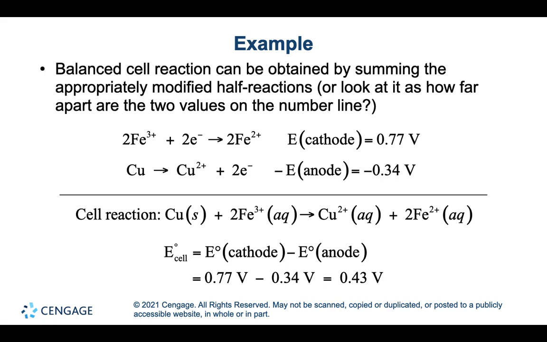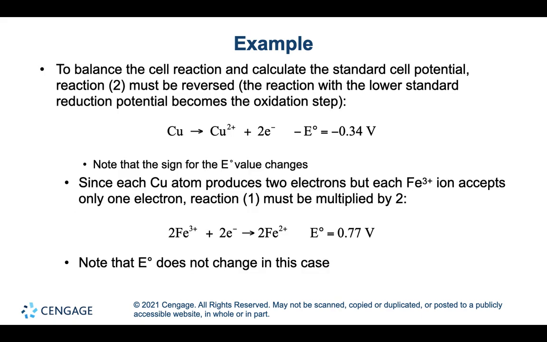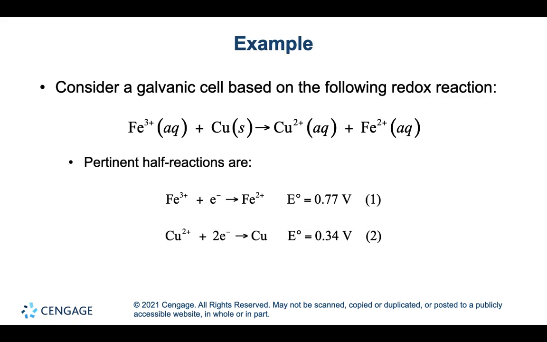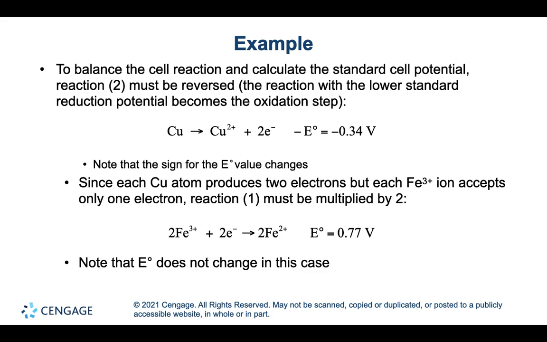Now by adding the two half reactions together, we get the balanced cell reaction to be copper plus 2 Fe plus 3 yields copper plus 2 Fe plus 2. E0 of the cell is E0 of the cathode minus E0 of the anode. 0.77 volts minus 0.34 volts. And so we would expect a 0.43 volt voltage out of this reaction. But that means we flip the copper reaction and run it as our oxidation step.